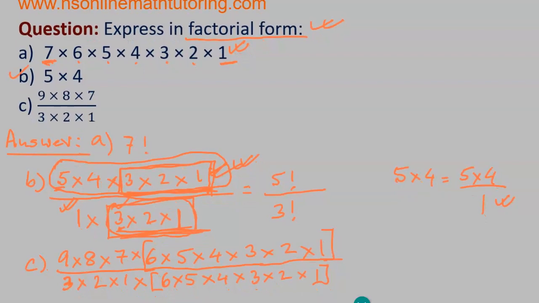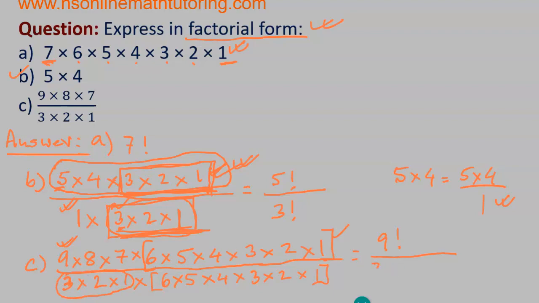So, the numerator is starting with 9 and ending at 1. Therefore, this is 9 factorial. What about the denominator? The denominator, we are seeing that this part is 3 factorial.